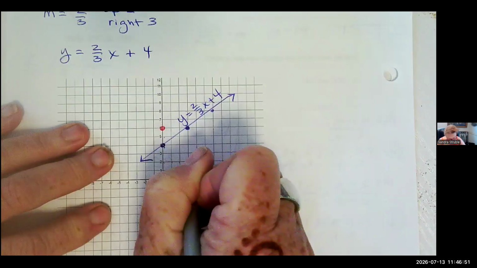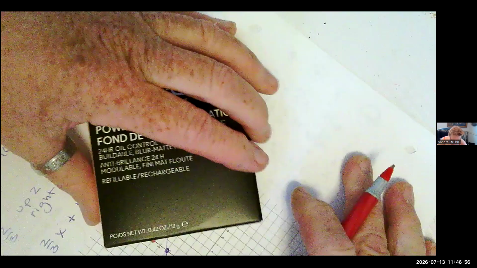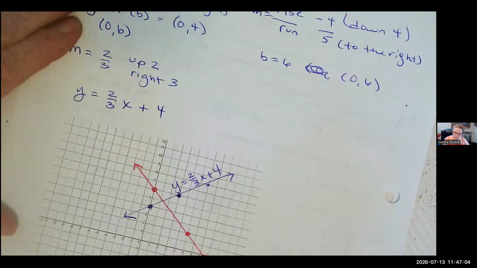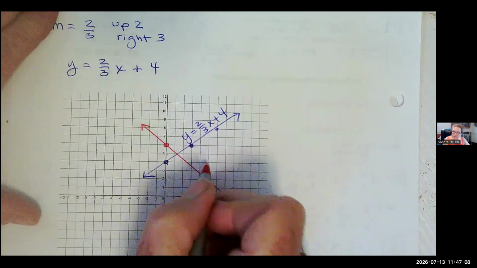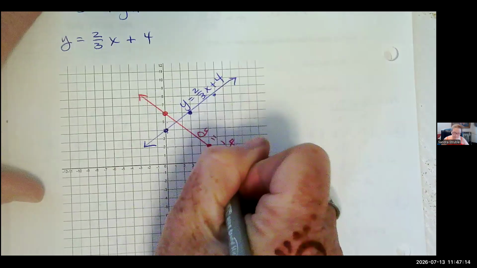Place your point. Draw your line. It should be a negative sloped line, which it is. This one was positive because it was a positive slope. This one's a negative slope. And we can go ahead and label this. y equals -4/5 x plus 6.